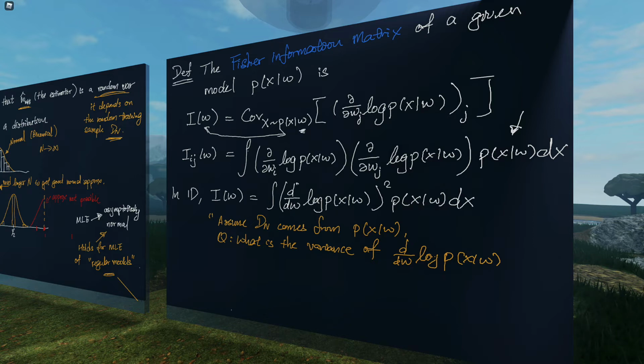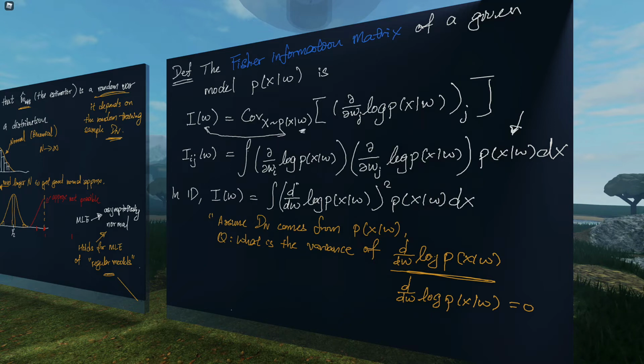Recall that we use this expression to get the MLE: a necessary condition for a parameter to be the maximum likelihood is that this is 0, to be a local maxima. We use this to derive an expression for the MLE.